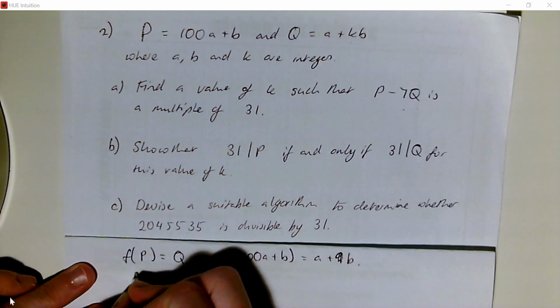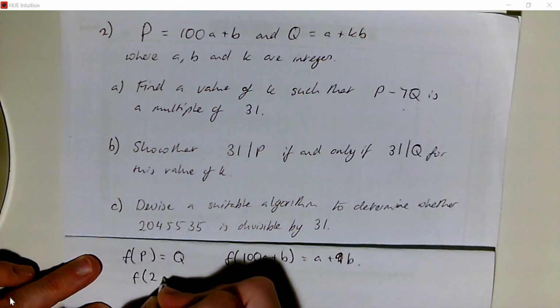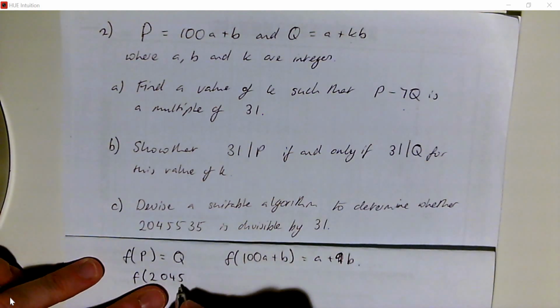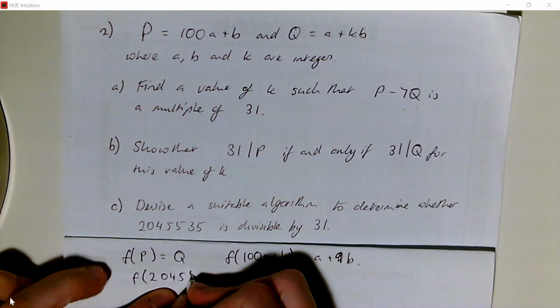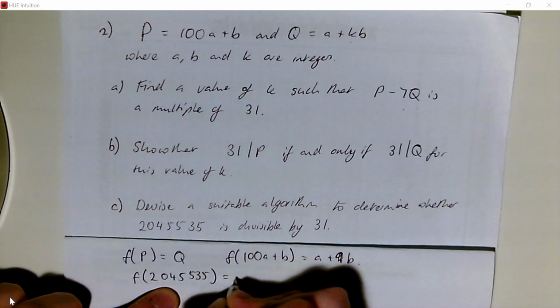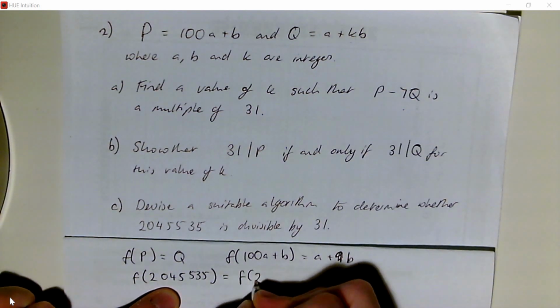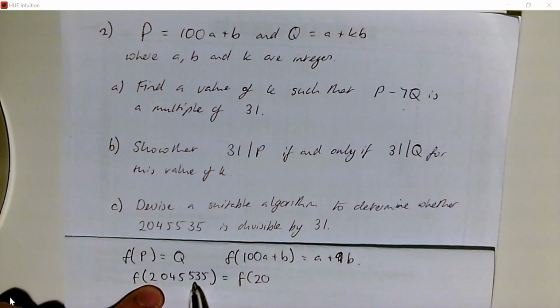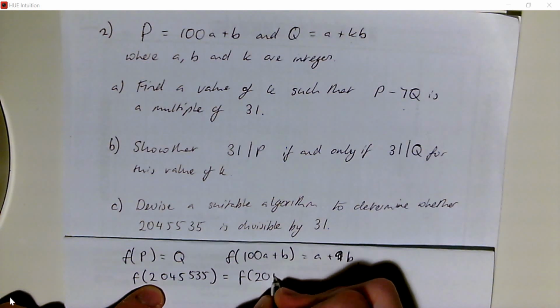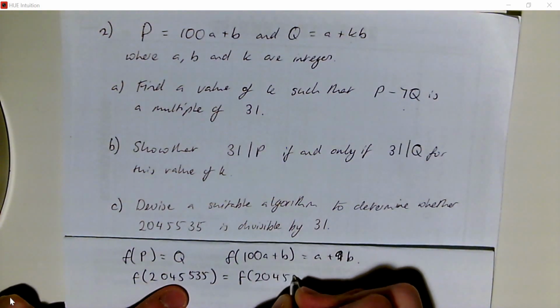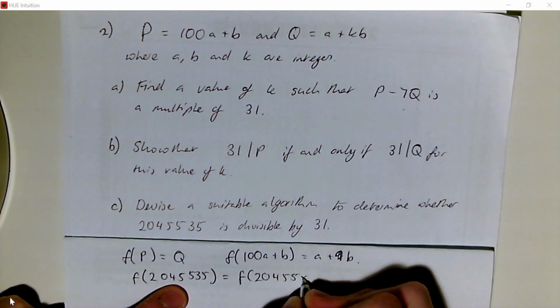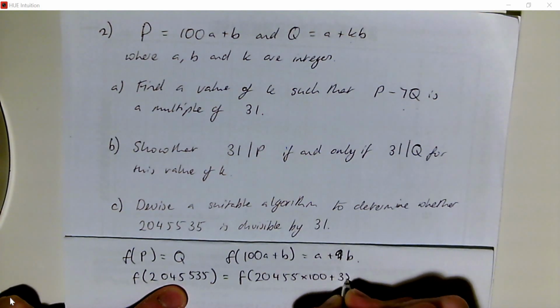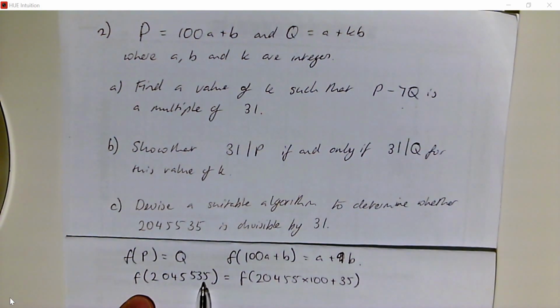So we've got f of 2,045,535. We'd write that as f of, and we go all the way up until the hundreds column, so 20,455 times 100 plus 35. We've now written this number in that format. These are equal numbers.